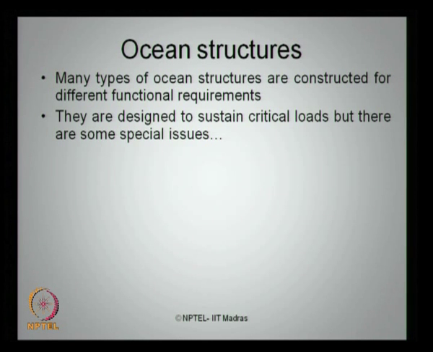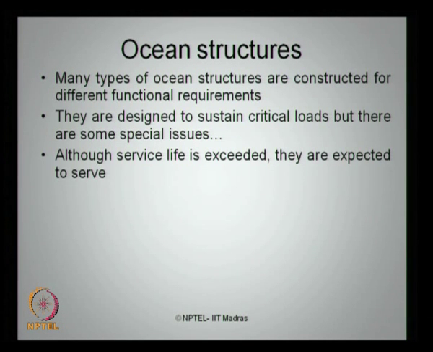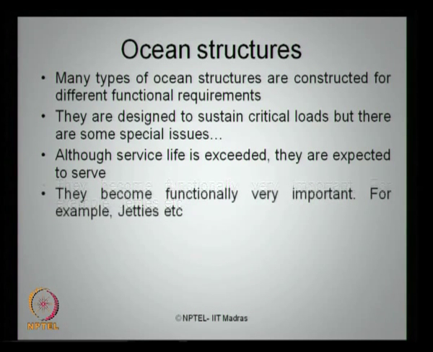Although the service life is exceeded, they are expected to serve, which is a very critical issue. They become functionally very important, and therefore they cannot be dismantled, and reconstructing them causes a lot of shutdown time, which is not acceptable to the service sector.